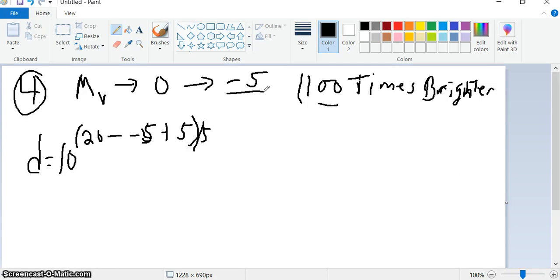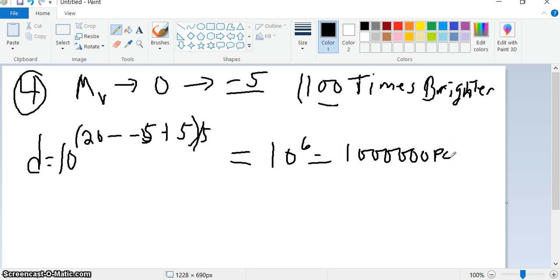So this really turns out to be 10 to the, 20 minus a -5 would be 25, plus 5 would be 30, and then 30 divided by 5 would be 10 to the 6th. If you recall, that of course is 1 million parsecs.